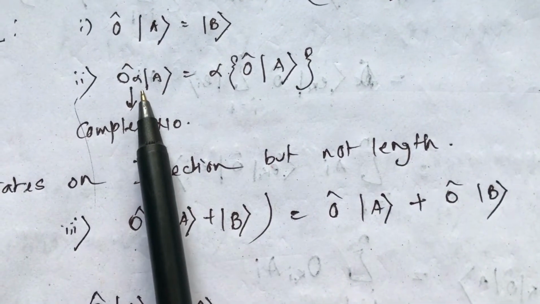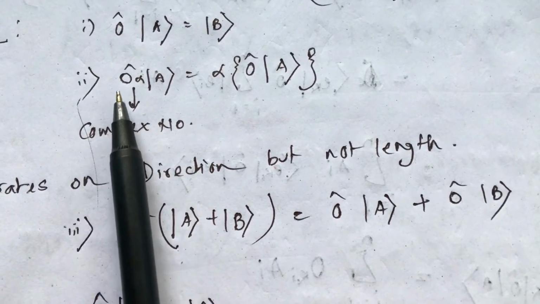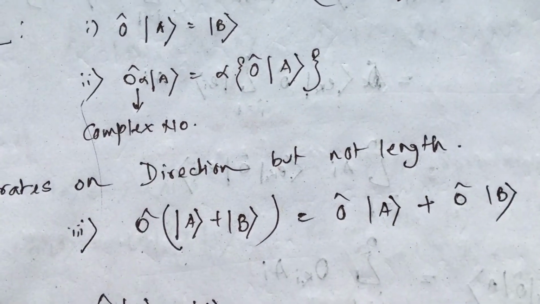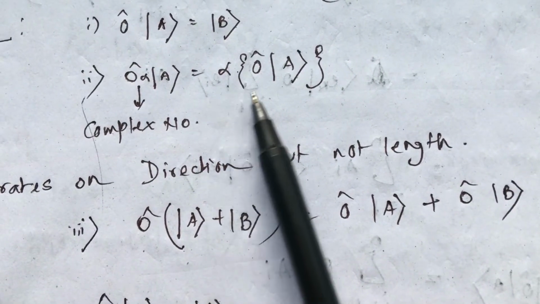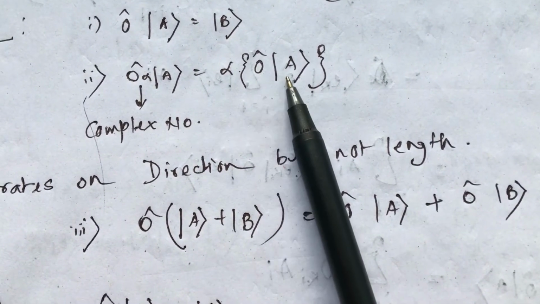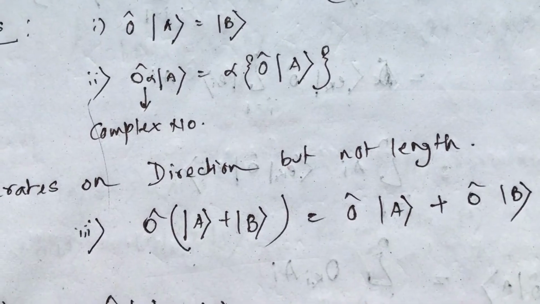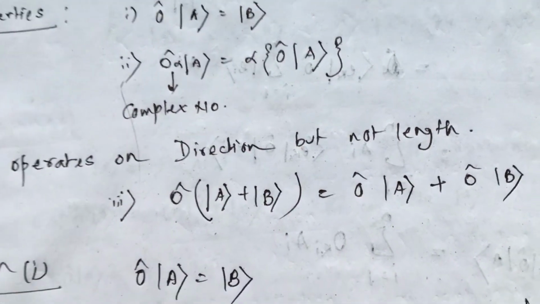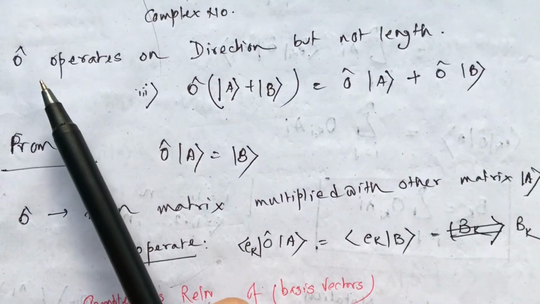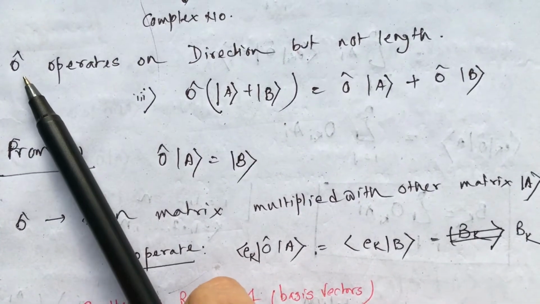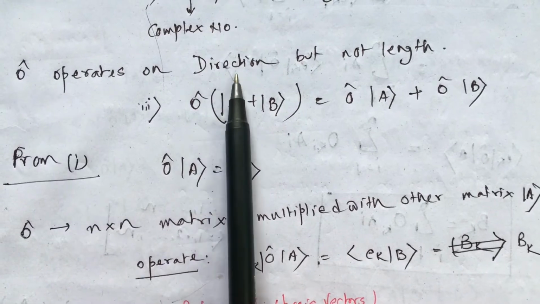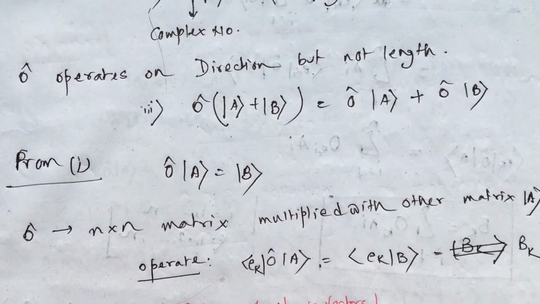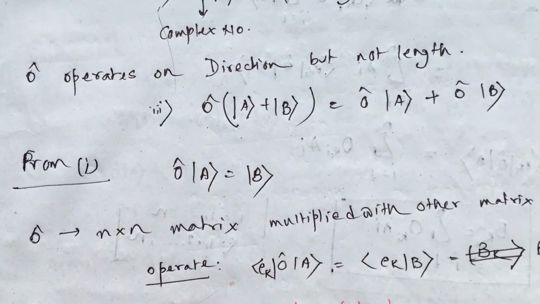This complex number is a number, the operator will not operate on the complex number. So I can take this complex number outside and the operator O will operate only on the ket vector A. For example, if O is a rotation operator, this operator operates only on the direction. It changes the direction only but not the length of the vector.